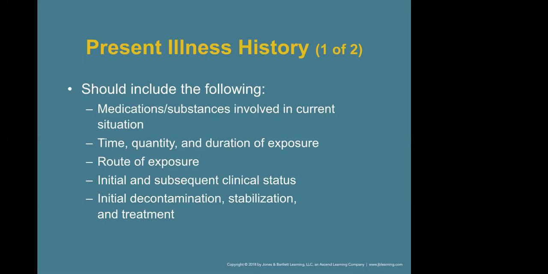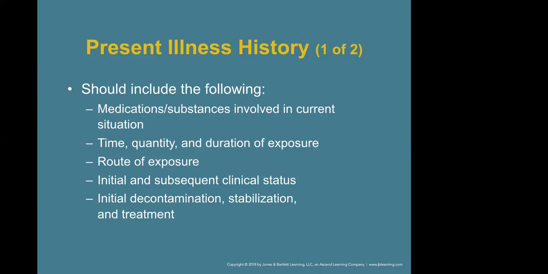Time, quantity, and duration. So about what time the event occurred, how much they were actually exposed to, and how long. This will help them determine how close they are to an LD50, which is a lethal dose for 50% of the population, and expected symptomology based on the dose of exposure.